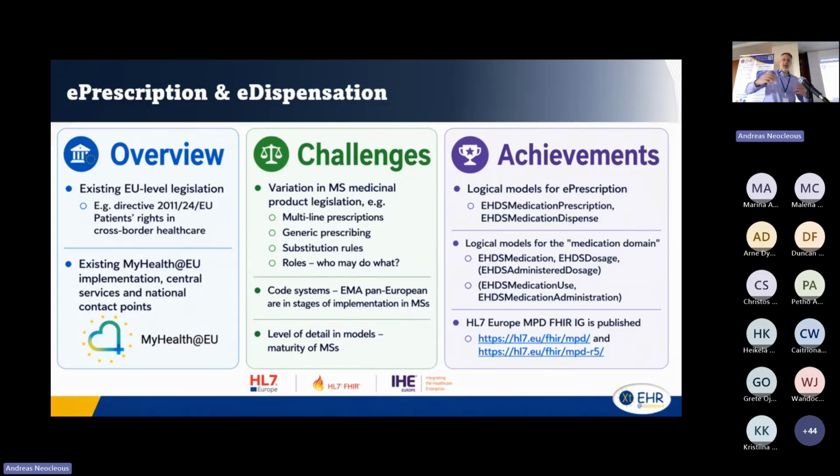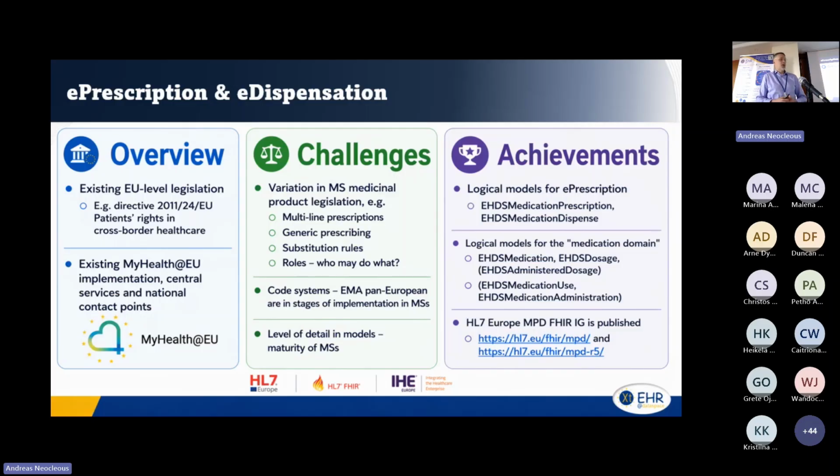So medication itself: what information do you keep about the medicinal product, given, for example, that generic prescribing is sometimes not used in member states. Dosage: how do you express a dosage? We had to refine, so when you're prescribing, you could say something about the dosage. When you're administering, you're not doing repeats and things like that. So there is further work on a more detailed level for certain use cases.